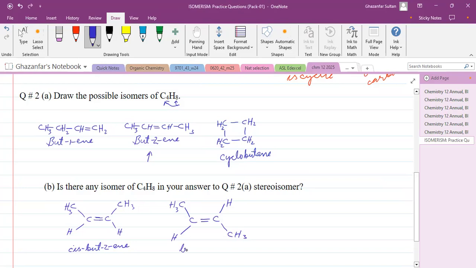So the name of this compound is trans-butene. So these are the geometrical isomers of each other. Both have different physical and chemical properties. Chemical properties to a little extent, but physical properties are totally different for each other.